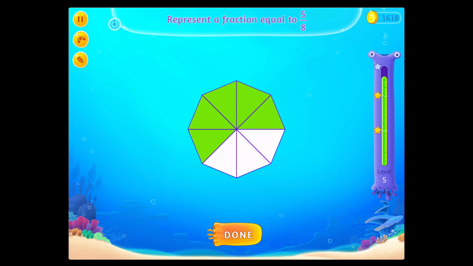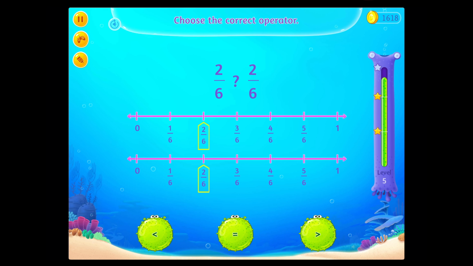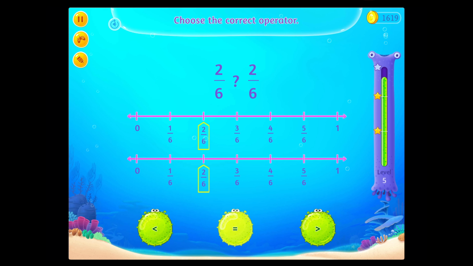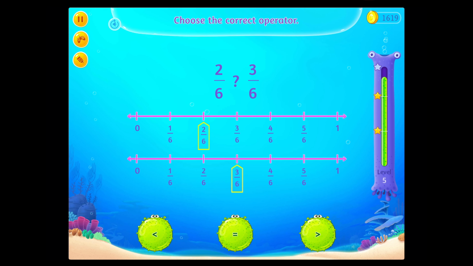Correct. Choose the correct operator. Congratulations, you've done it. Choose the correct operator. Correct.